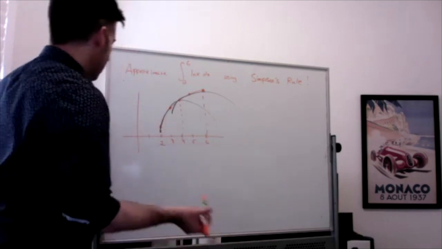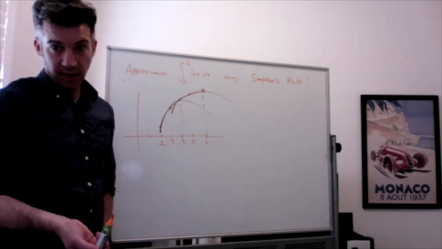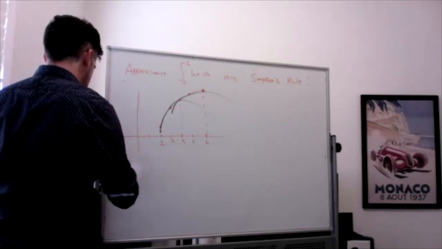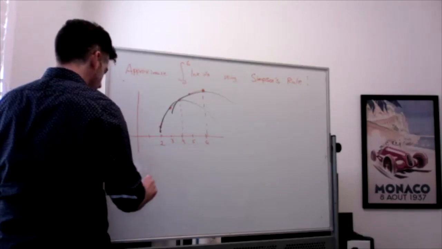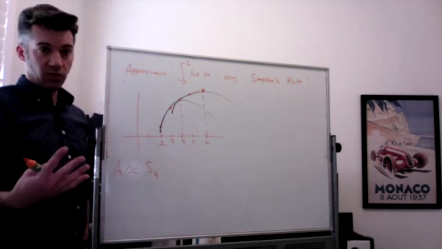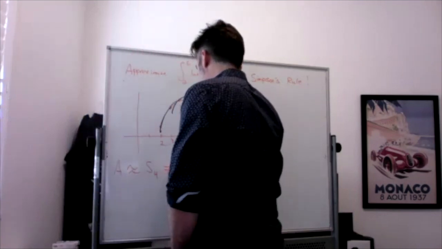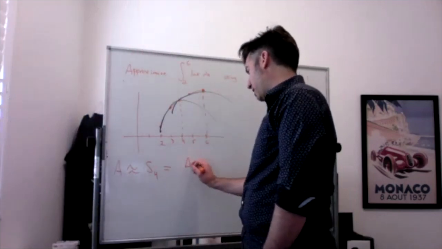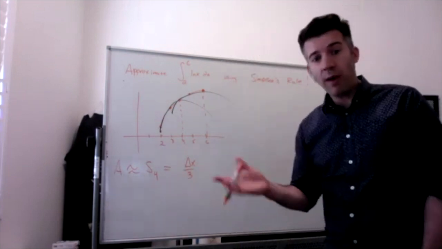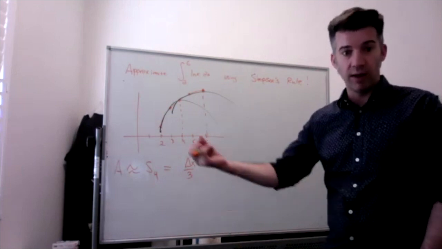So Simpson's rule is a little more complicated. Here's how it works. The area approximation for Simpson's rule, which we're going to write as S4, Simpson's rule with n equal to 4 subsections, is going to equal your delta x divided by 3. And then, for the trapezoid method, the pattern is 1, 2, 2, 2, 2, and so on forever, and then 1.